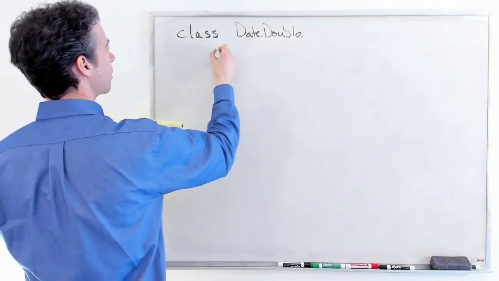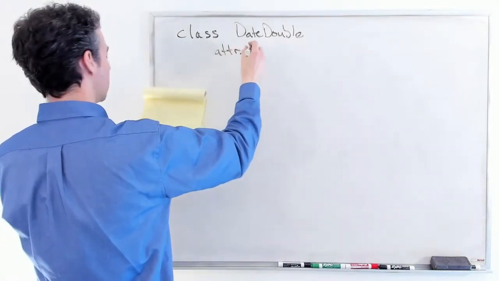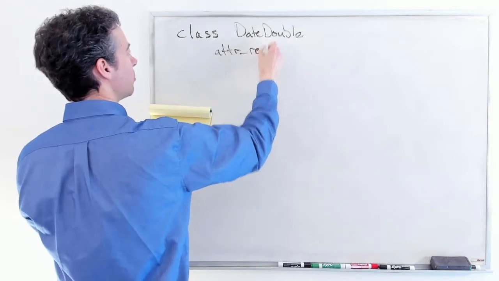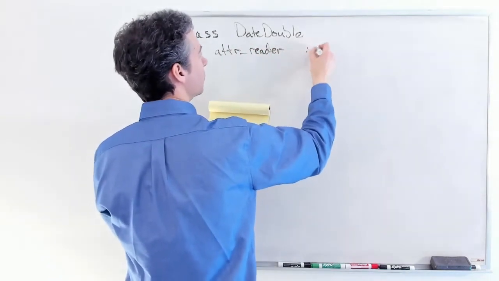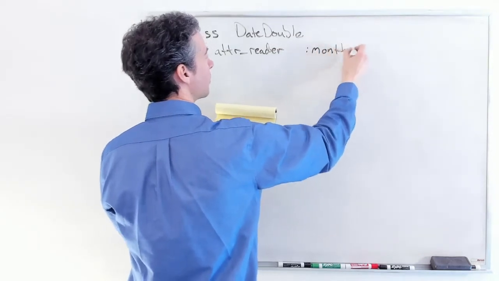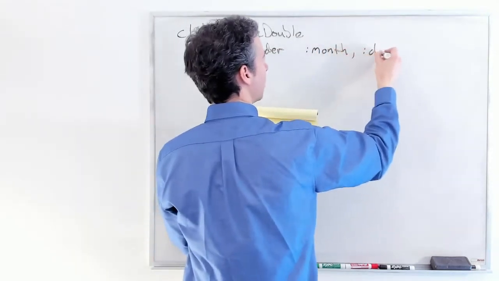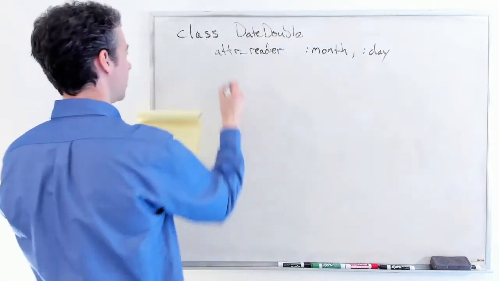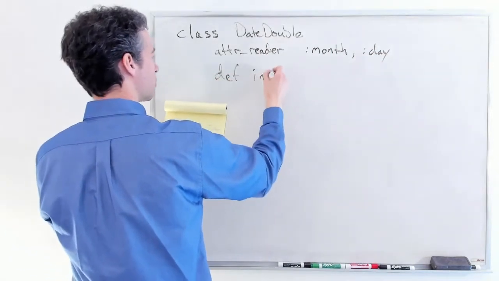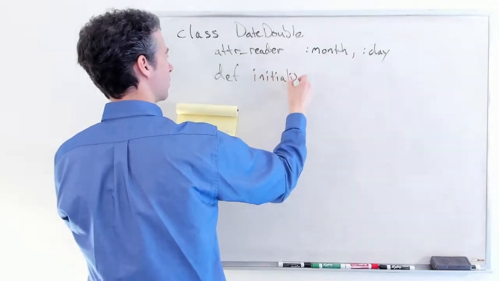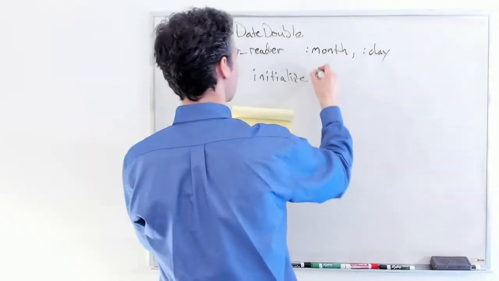So I'm going to go ahead and use this attribute reader functionality to expose the attributes that I'm going to make, the month and the day. Okay. And then I'm going to create the constructor, the initialize method. So def initialize.